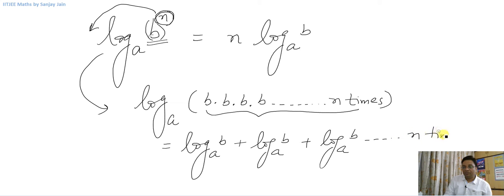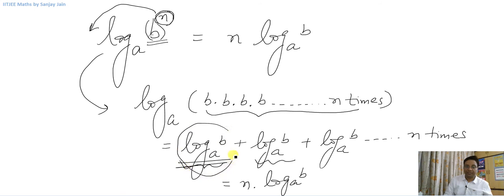N times, obviously. So if I add the same expression n times, I can simply write it as n into log b to the base a, right? So the power of the argument I have taken outside. I hope this rule is clear to you, right?